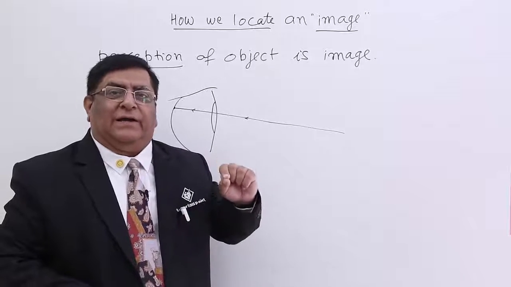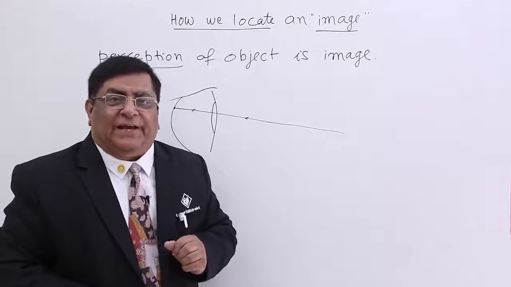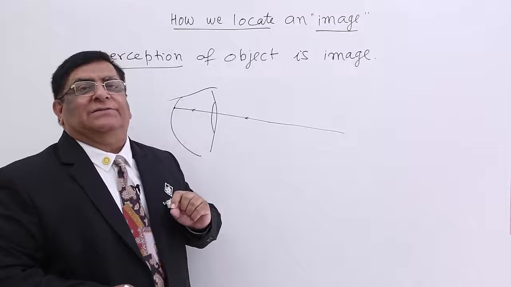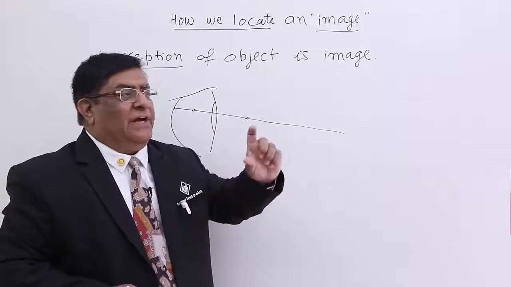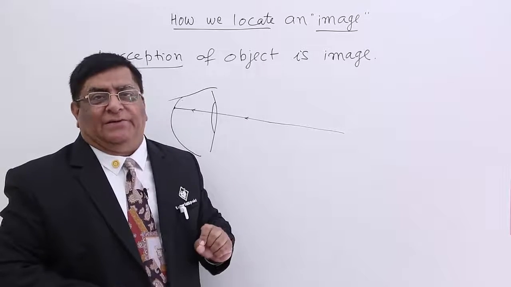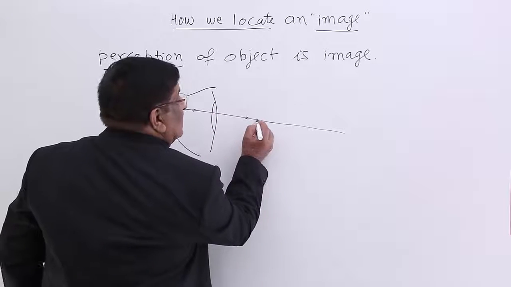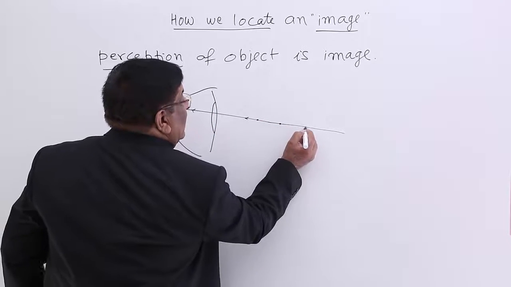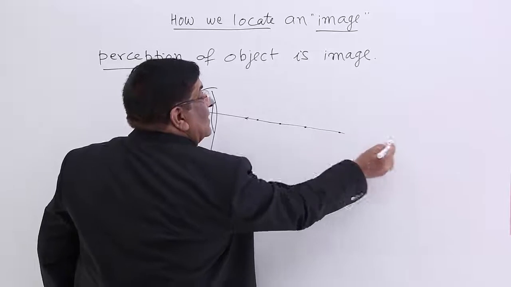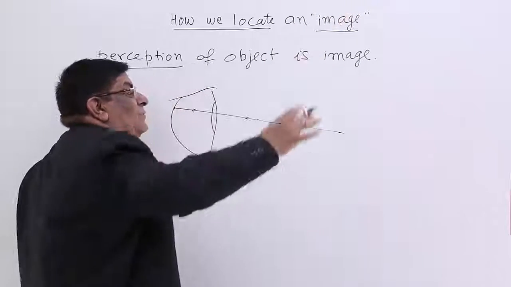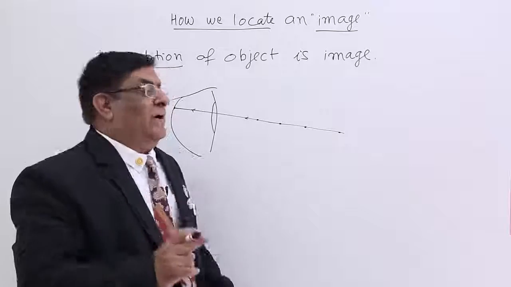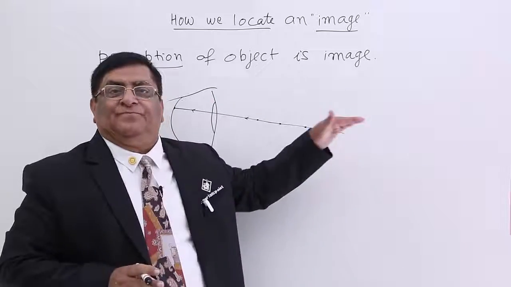And the brain automatically, according to its training, understands that whatever object is forming the image which we are able to see is either here or here or here, anywhere up to infinity, but surely it is on this line.